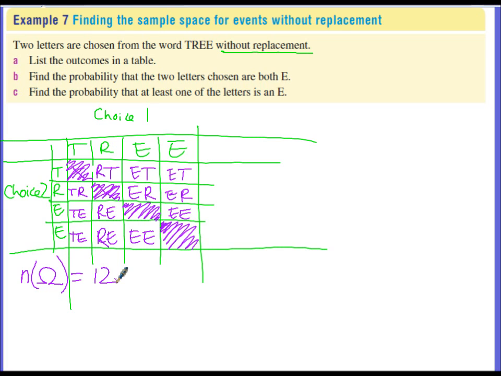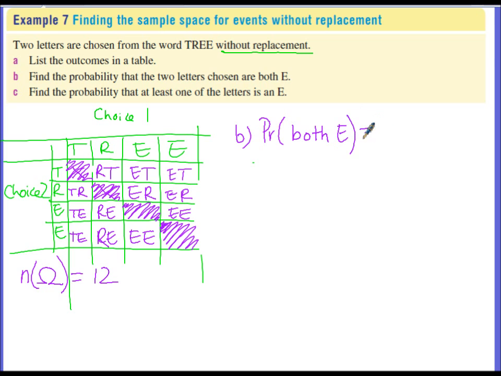Let's have a look at the B section of this question. Let's tidy up a little bit. B says, find the probability that the two letters chosen are both E. Okay, so we need to find out how many times both E happens and then divide it by the number of outcomes in my sample space.